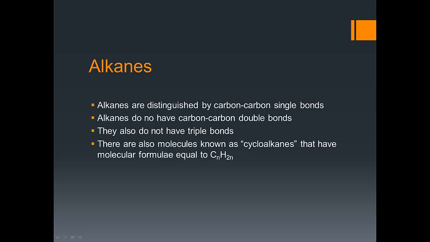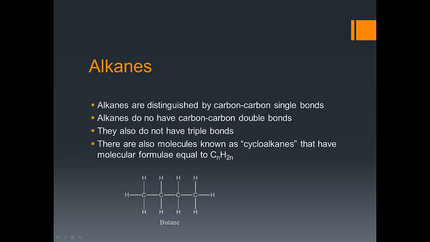There are also molecules known as cycloalkanes that have the molecular formula CnH2n. So if this is butane, where we've got CnH2n+2, so we've got 4 carbons in butane. That means we're going to have 10 hydrogen atoms in butane. What about cyclobutane? So let's have a look.